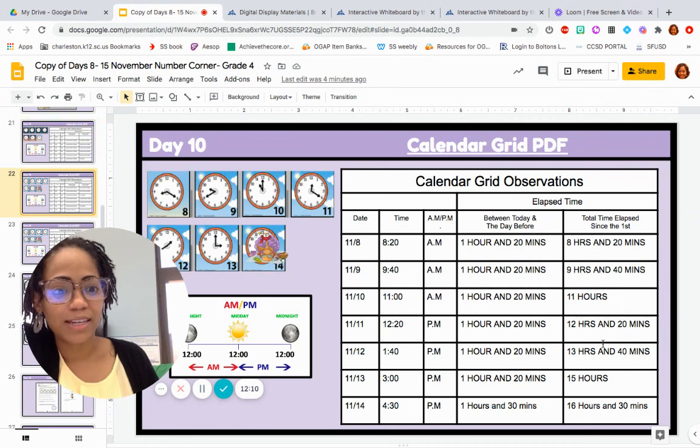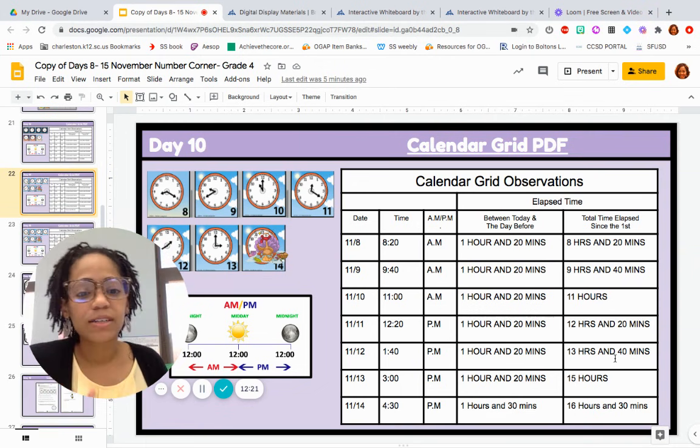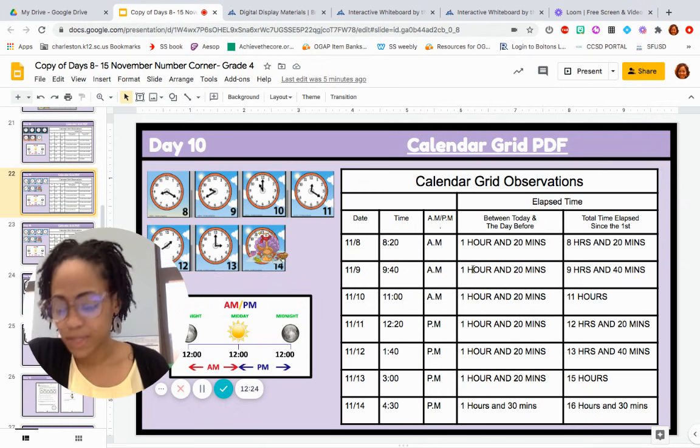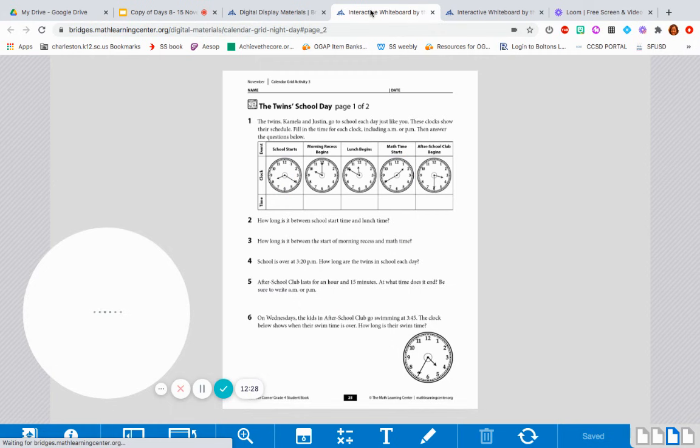You notice that? But it changes after 12, right? And that's where you get the military time when you say it's 1,300 hours and so on.